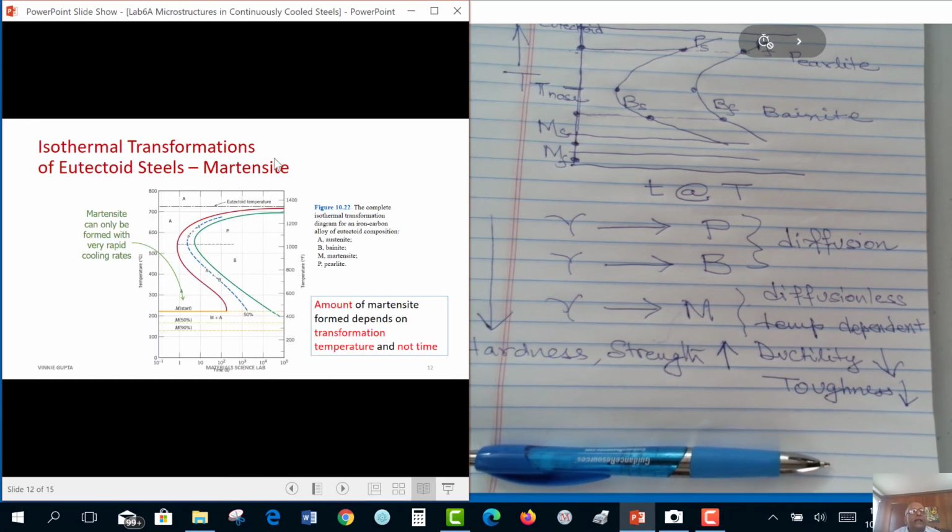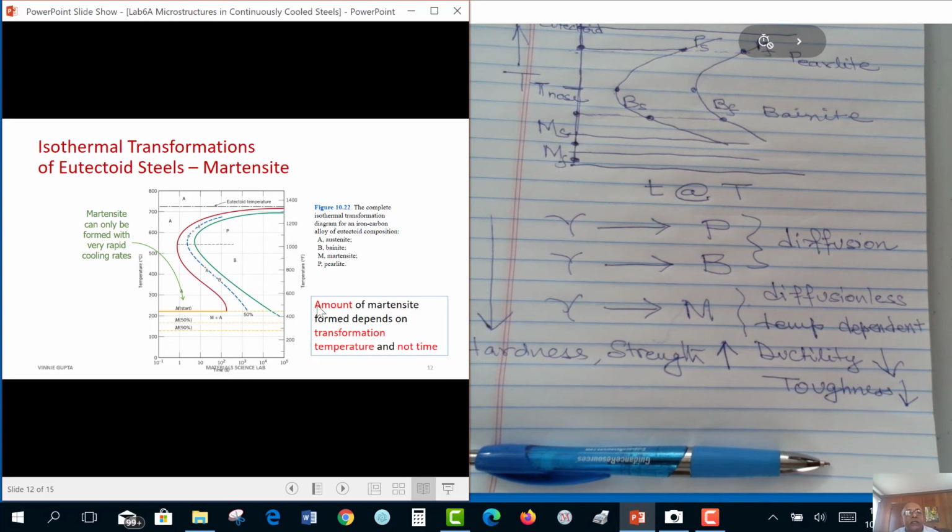So here is the entire TTT diagram. Again, for eutectoid steel: pearlite start curve, top half of the C; red curve, pearlite finish curve; bainite start curve, bottom half of the C; bainite finish curve; martensite start temperature; and martensite finish temperature.